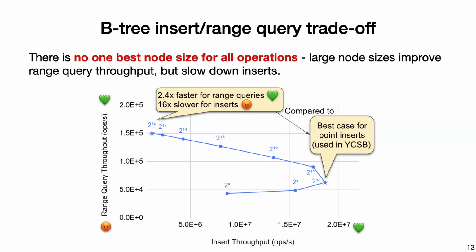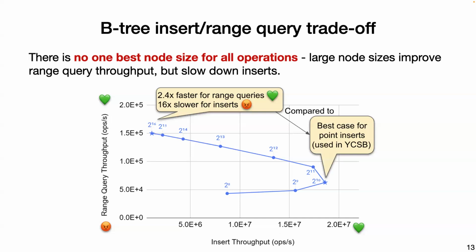So this setting is the best for range queries. This is the biggest one, 2 to the 16, but it's 2.4x faster than the lowest setting for range queries. Or sorry, not the lowest. I guess better than the optimal for point queries, but it's 16x slower for inserts than the best case for point queries. And on this side, 2 to the 10 is its best case for point inserts.